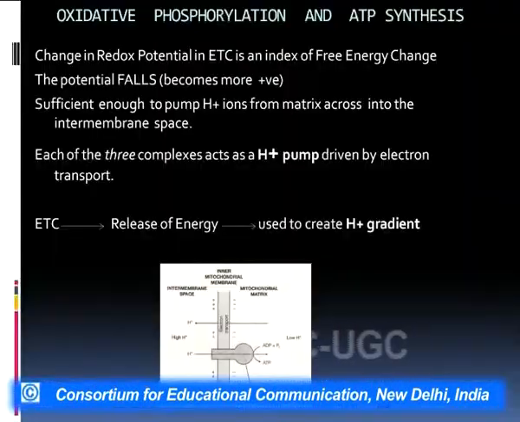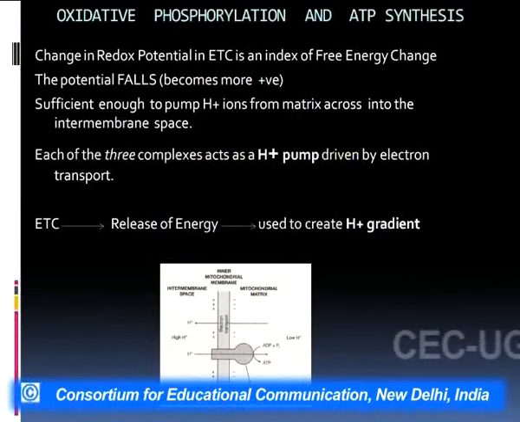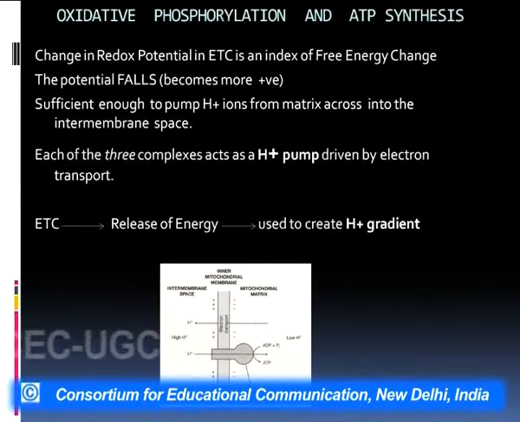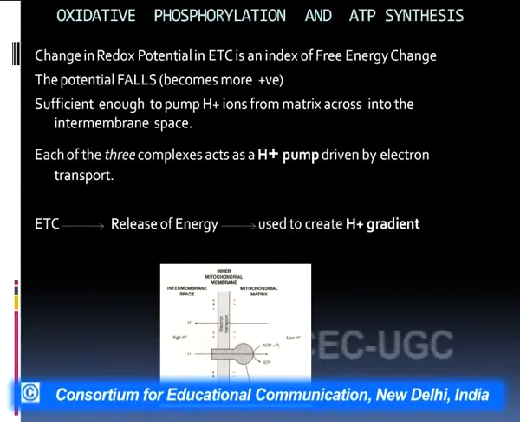Oxidative phosphorylation and ATP synthesis would take into account the basic idea that the energy which has been generated through the electron transport chain has to now get utilized in the formation of ATP. So, that means some sort of pumps are operative at this place.